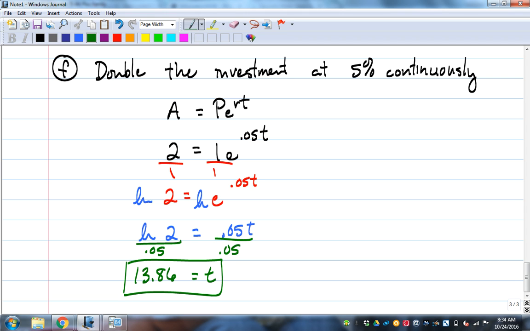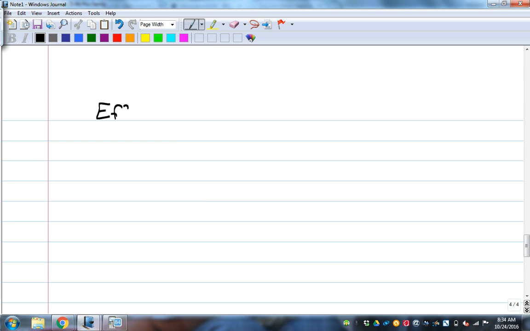All right, there's one other little thing, and it's a quick thing, and it's to compare a continuous interest and a compound interest situation. If you want to compare them, what you have to look at is what's called the effective rate of interest.